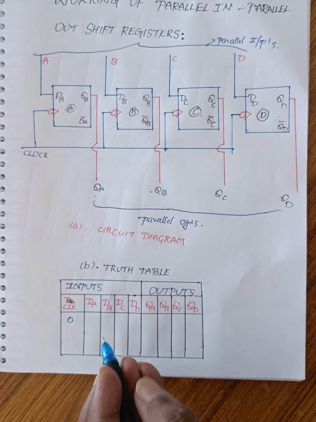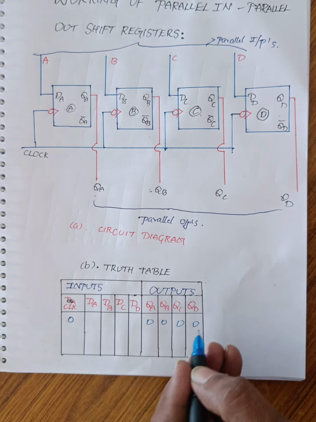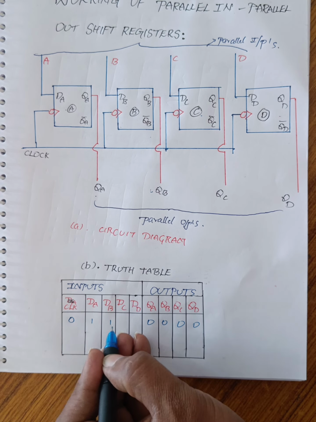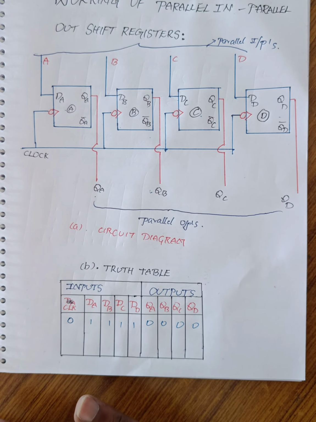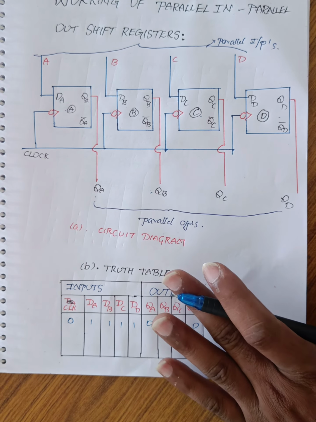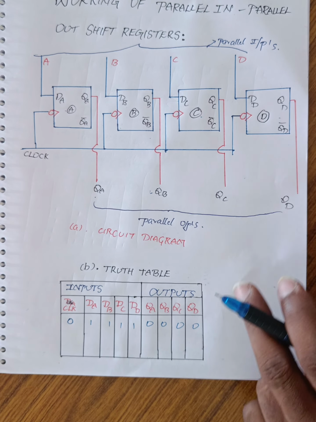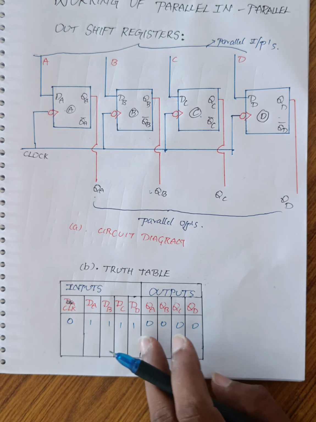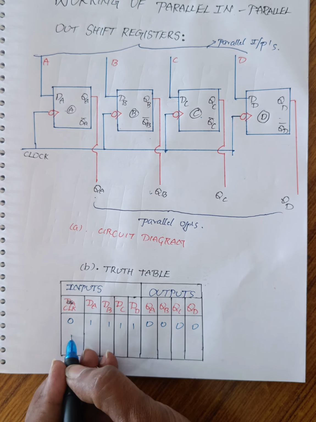Output data will be automatically 0, 0, 0, 0. So initially we can take input data 1, 1, 1 or 0, 0, but the output is automatically 0. Reset means no value is present.